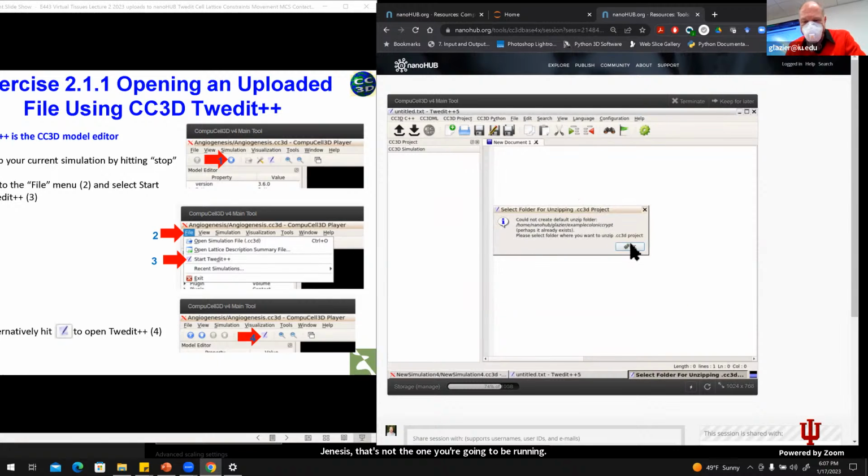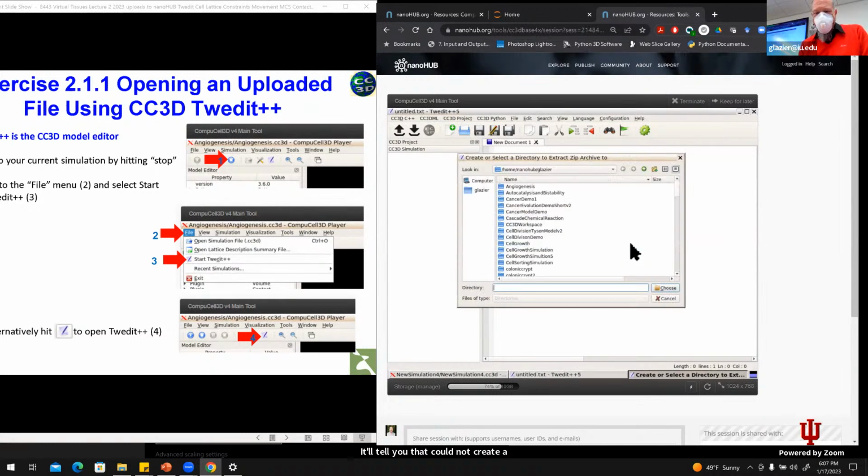Example colonic Crypt. So you open it, it'll tell you that it could not create a default directory because it already exists. And I have to put it somewhere. You shouldn't get that error because you should have it. And I can create something like colonic Crypt. I've already got 2, 3, and 4 because I've done this so many times. I'll do 4.